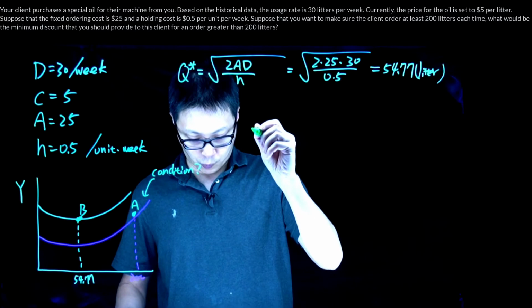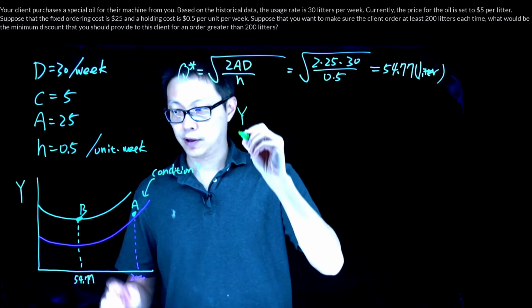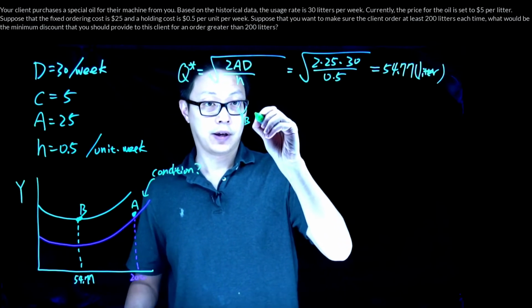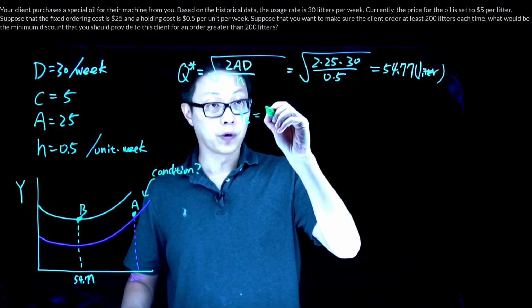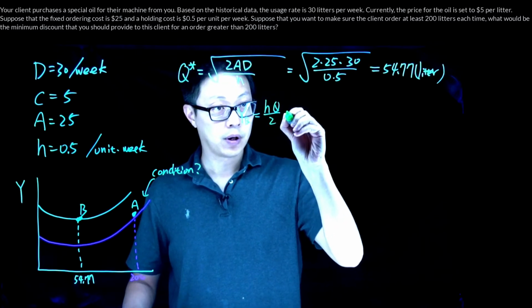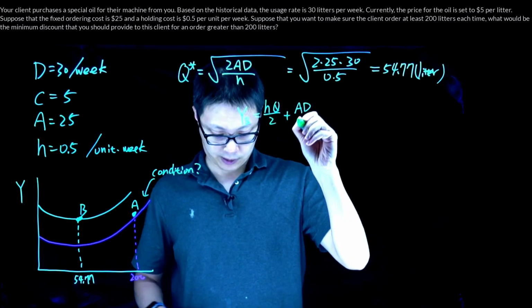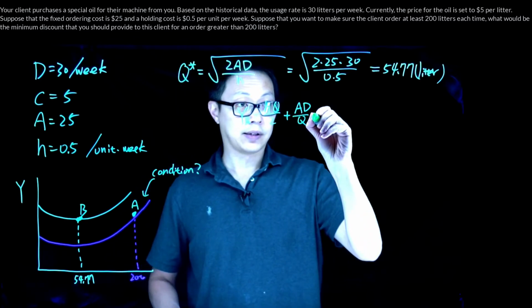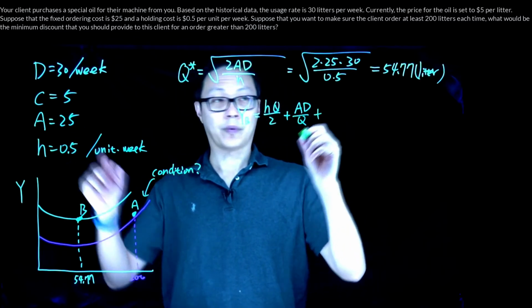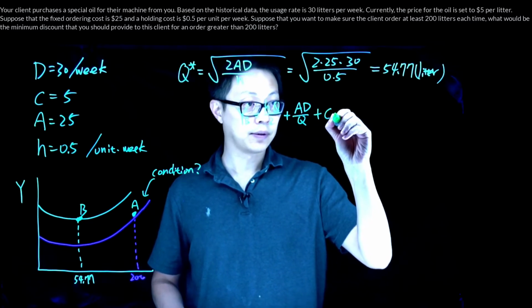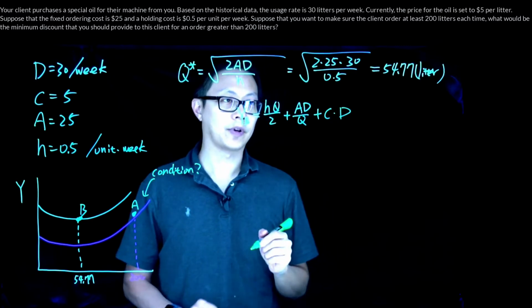We know Y, I will call it YB since we used that already, will be equal to HQ divided by 2 plus AD divided by Q plus C times D. Okay?